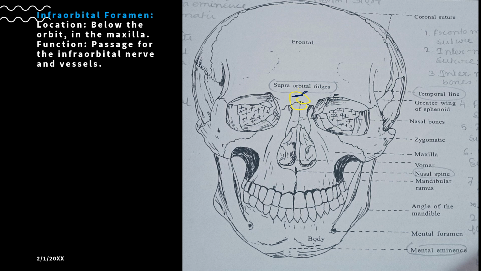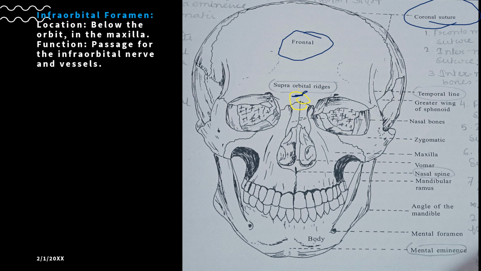This area under the supraorbital ridge and between the two eyebrows is known as glabella. These two, nasion and glabella, are both used in anthropometric measurement. And this is the frontal bone, which is on the forehead.